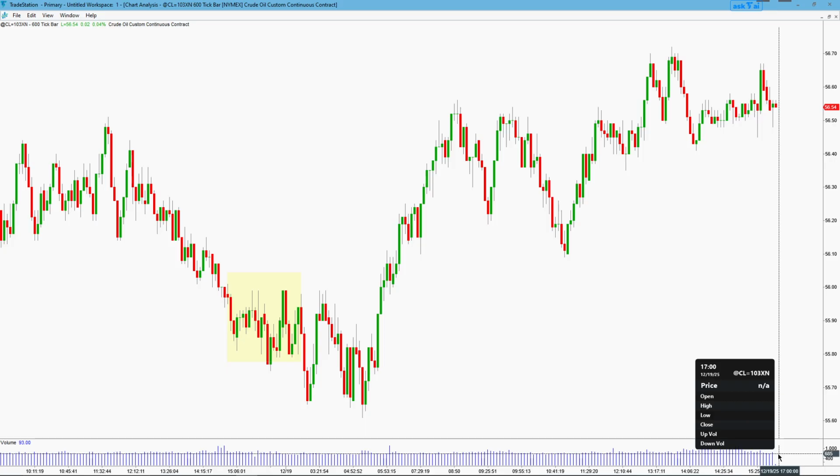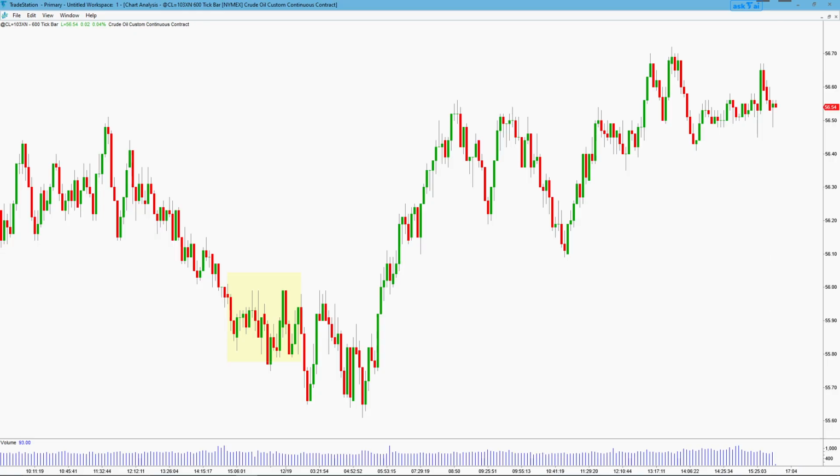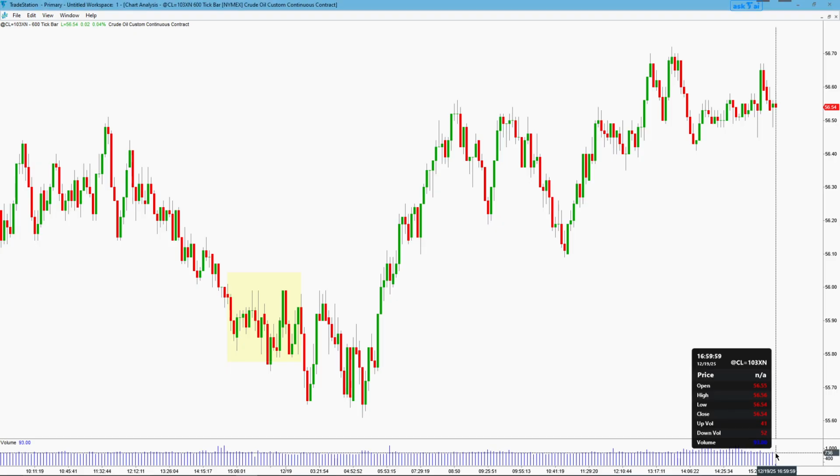And lo and behold, that is not the case. Volume here is surprisingly even, right around 700 contracts for each bar. The few peaks above the 700 that we see are usually around news events or when the market is opening or closing.